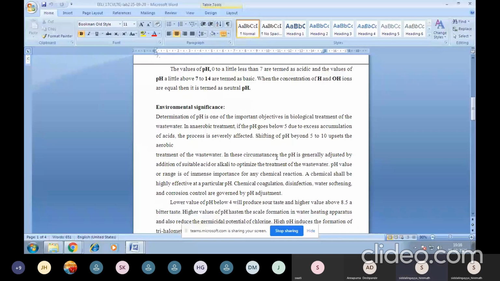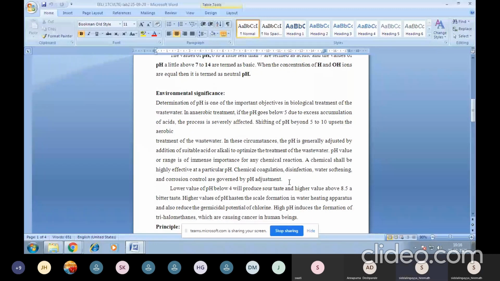According to the following equation, H2O is equal to H+ ions plus OH- ions. At equilibrium, we can write Kw is equal to H+ into OH- divided by H2O.